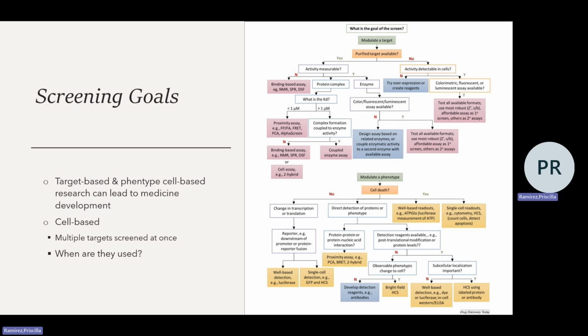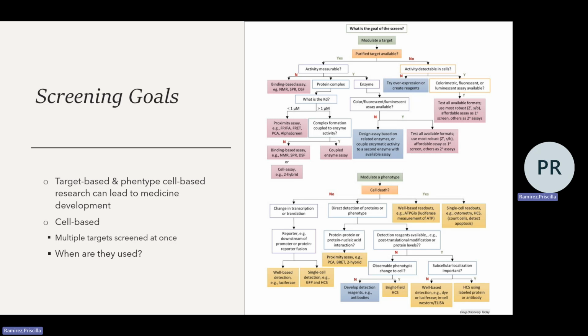So in the second explanation, the target cannot be adequately reconstituted in a biochemical assay. That already rules out target-based drug discovery, because the target-based workflow requires you to create that biochemical assay.